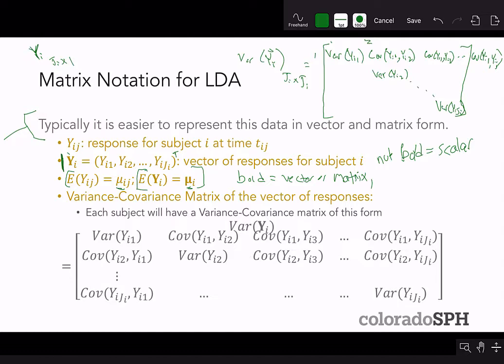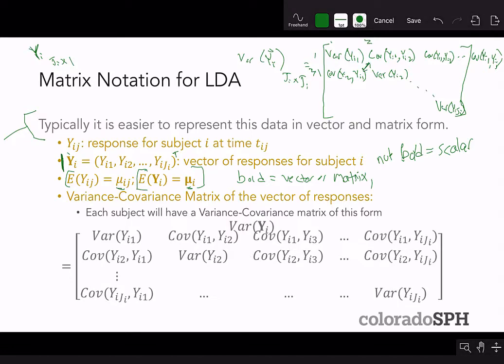And this is a symmetric matrix, so everything that's in the bottom half is going to mirror what's in the top half, where this second row, first column, is going to be the covariance of yi2 and yi1, which is the same as these terms.